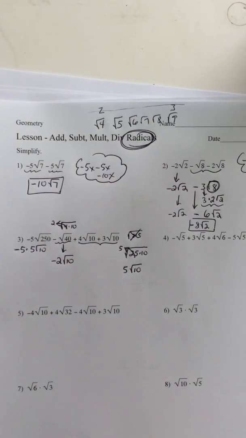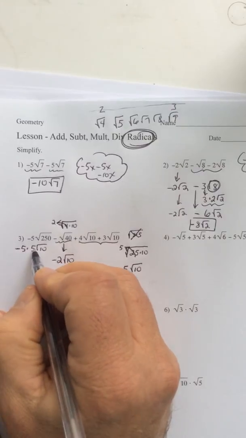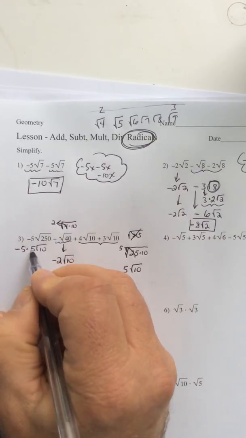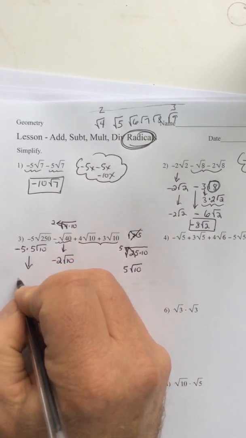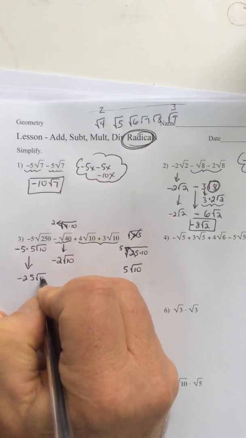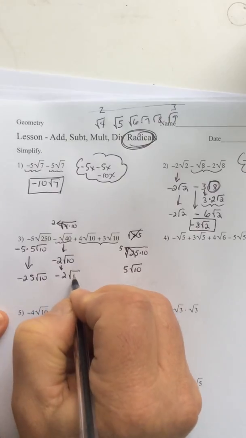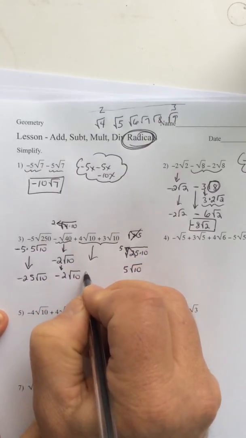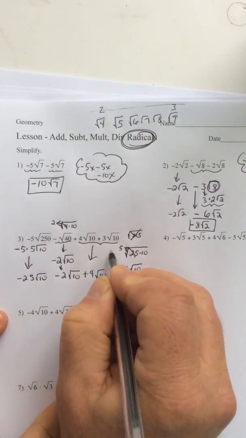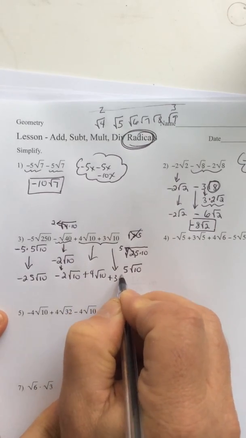Okay, with all that, let's write down what we have now. Negative 5, so the real numbers out here make negative 25. So that's negative 25 square roots of 10. We already fixed that one to negative 2 square roots of 10. That one was 4 square roots of 10, and that one is 3 square roots of 10.